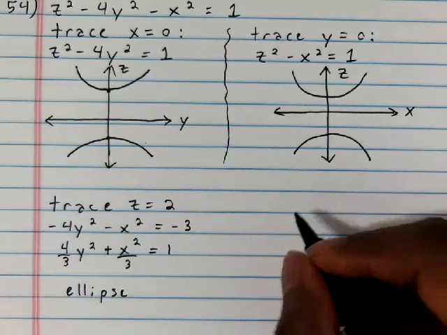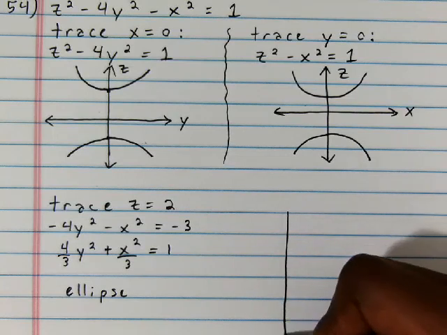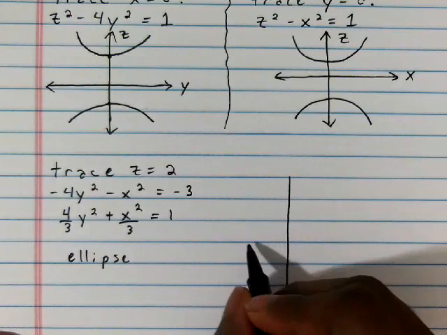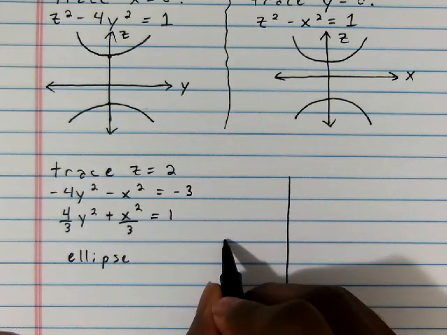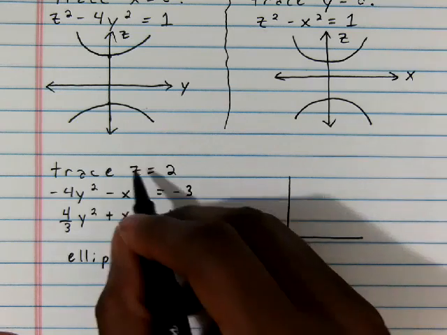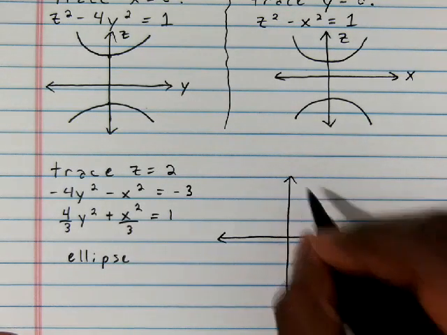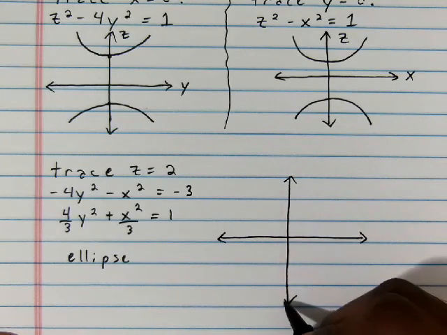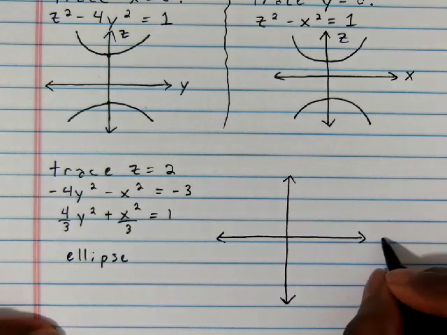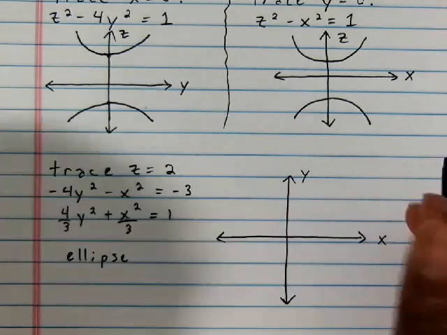So now, in one of our other videos, I drew the trace in its actual plane. If I wanted to, instead of putting in the plane z equals 2, I could put in the plane z equals 0, and then it would actually be a level curve instead of a trace. So this is x, y, and this would actually be called a level curve.